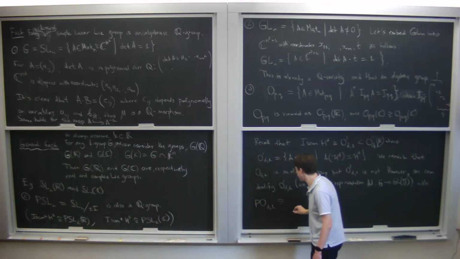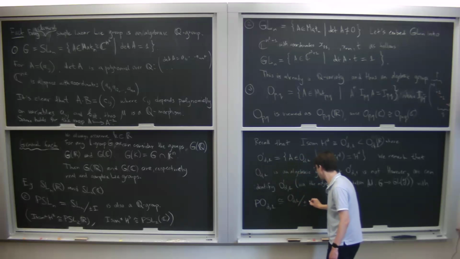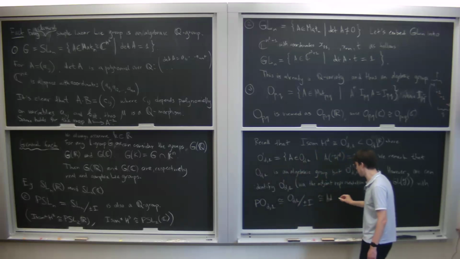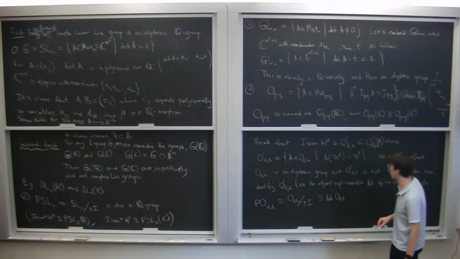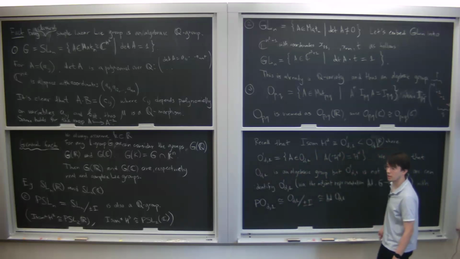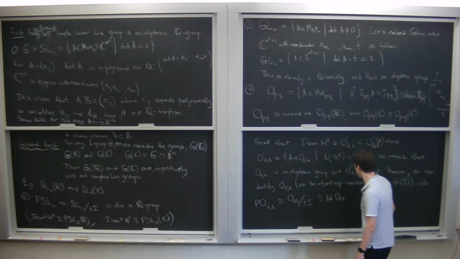So same as here, one can consider the quotient by the center. This is isomorphic to the quotient of O(D,1) by plus minus identity, which is also the adjoint image of O(D,1), right? In fact, one can see that the kernel of the adjoint representation will be precisely plus minus identity, and then we get that identification.